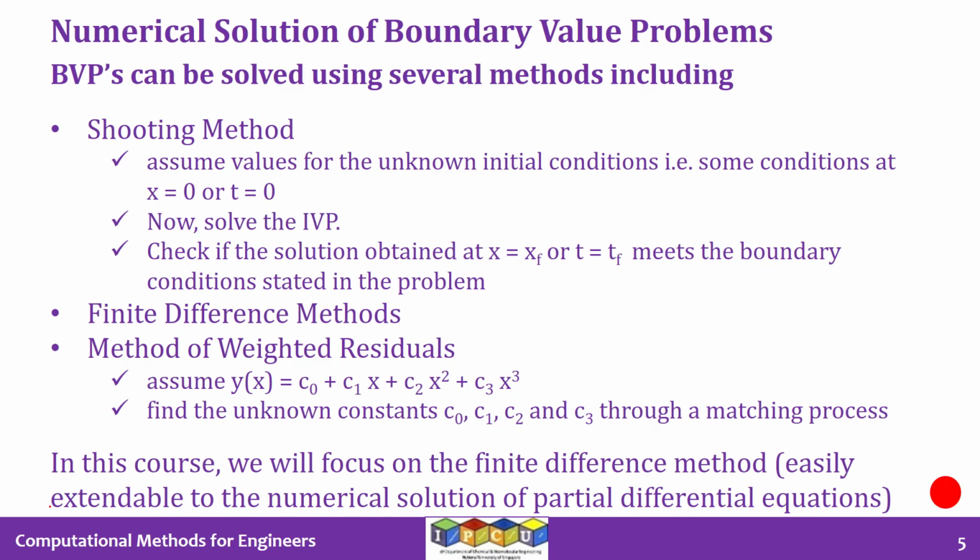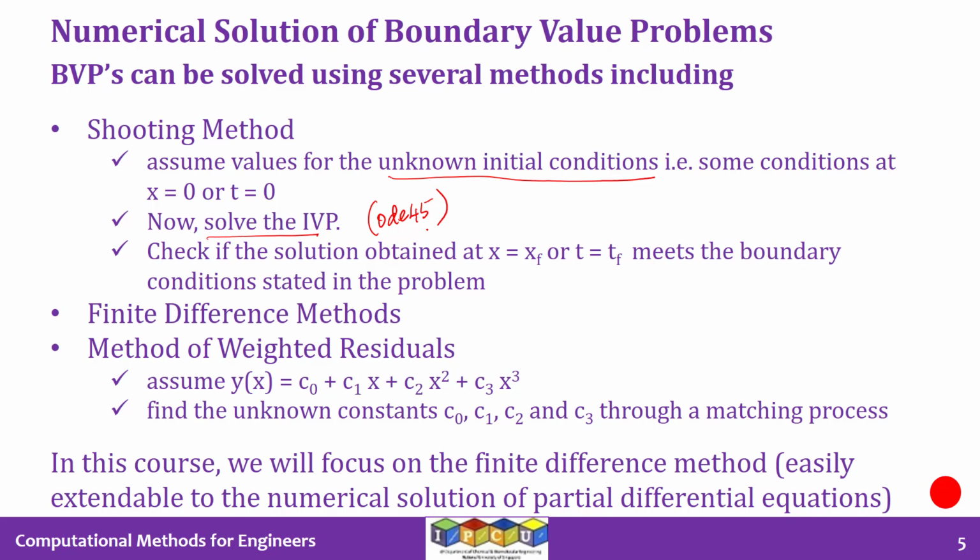One other popular technique is the shooting method, where we assume values for the unknown initial conditions. Some conditions will be given at x is equal to 0 or t is equal to 0, so we have them, but we can assume some conditions at t is equal to 0 that are not given. Then we solve the problem as an IVP, because once you have assumed the unknown initial conditions, the ODE becomes an initial value problem. So I can solve the IVP using ODE45 or ODE15s in MATLAB.